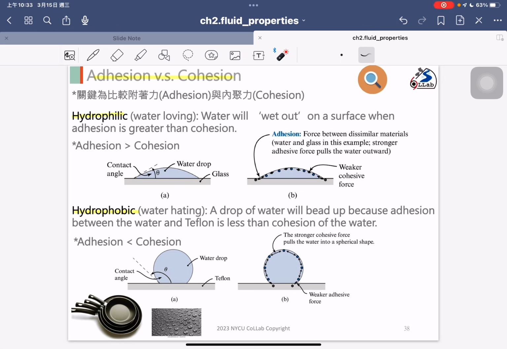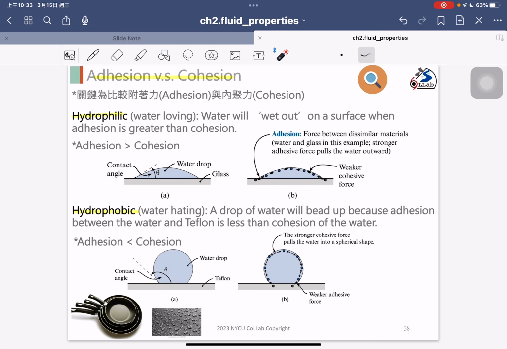In that case, we say the surface is water loving, because the water loves the surface. And hydrophobic, sometimes we call that water hating. You see a drop of water will bead up because the adhesion between the water and the Teflon is less than the cohesion of the water. So the self-cohesion is bigger than the adhesion.